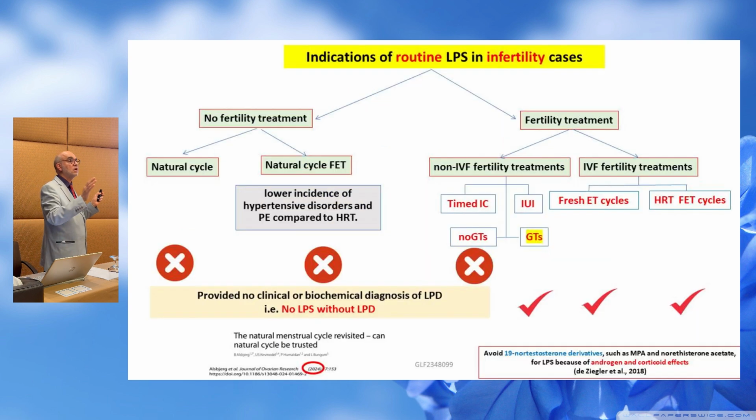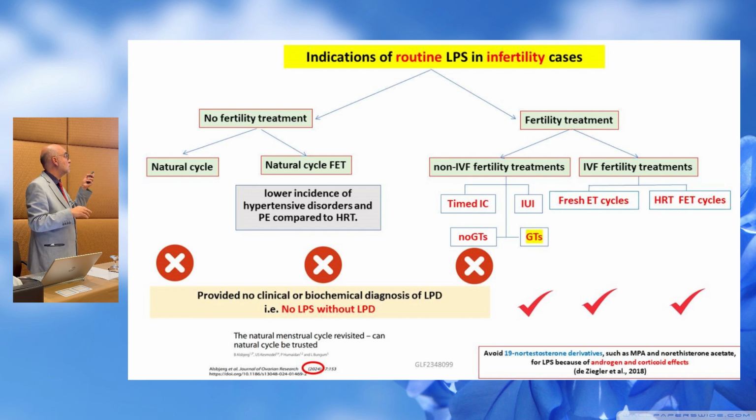The second category is infertility patients. We have to ask ourselves, if the infertile patient has clinical or biochemical evidence of luteal phase defect, I have to give them progesterone or whatever luteal phase support.